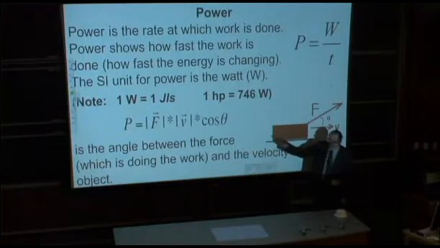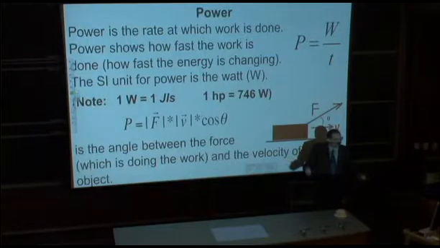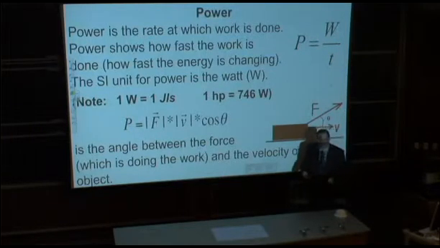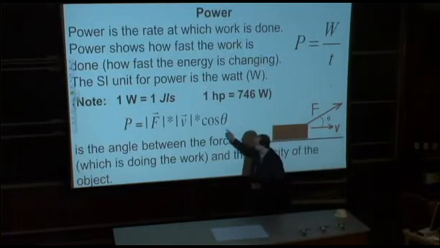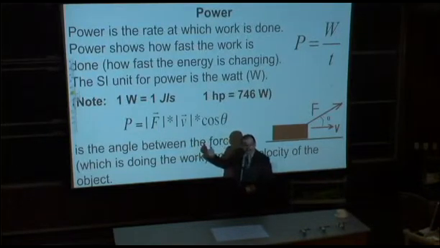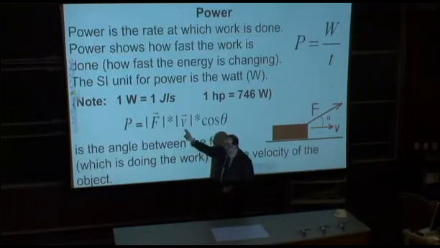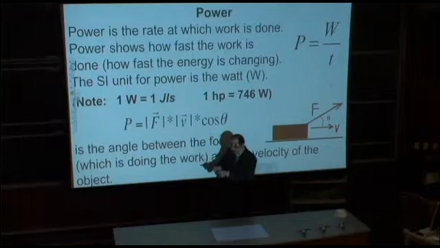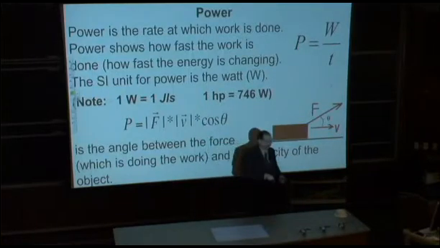And, well, distance over time is speed, or displacement over time is velocity. If we want to, we can use this equation to calculate the power of a constant force. Magnitude of the force, instantaneous speed, the angle between force and velocity.